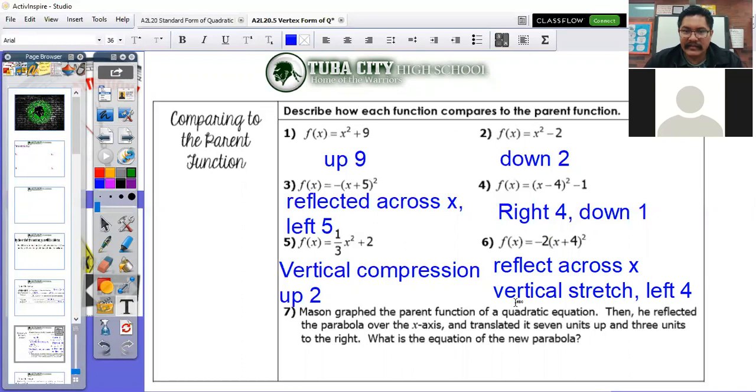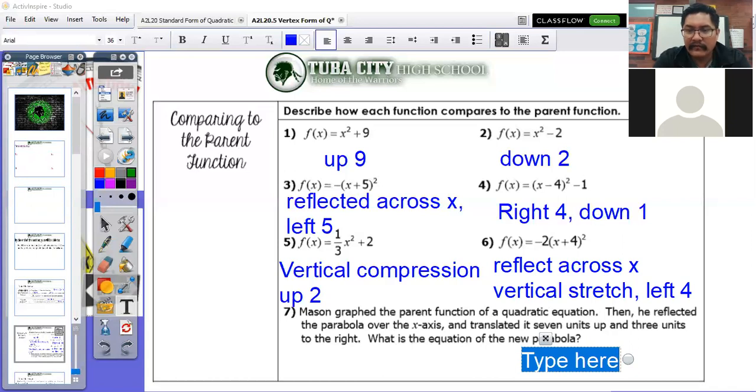All right, so Mason graphed the parent of a quadratic function. He then reflected the parabola over the x-axis, translated it 7 units up and 3 units to the right. What is the equation of the new parabola? Okay, so, well, we have a couple of clues. We know that it's most likely going to be in vertex form.